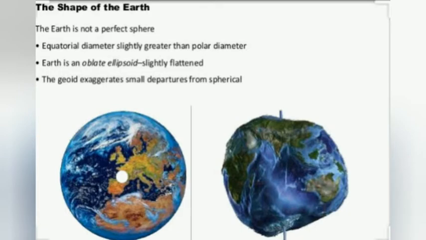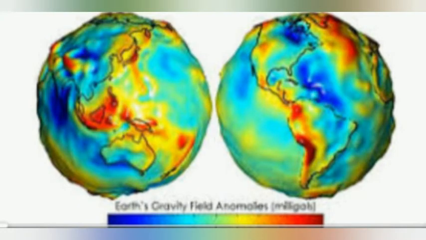At the top it is round in shape, and near the equator it is slightly bulged. So why is the Earth termed geoid in shape? Because it is flattened at the poles and bulged at the equator.